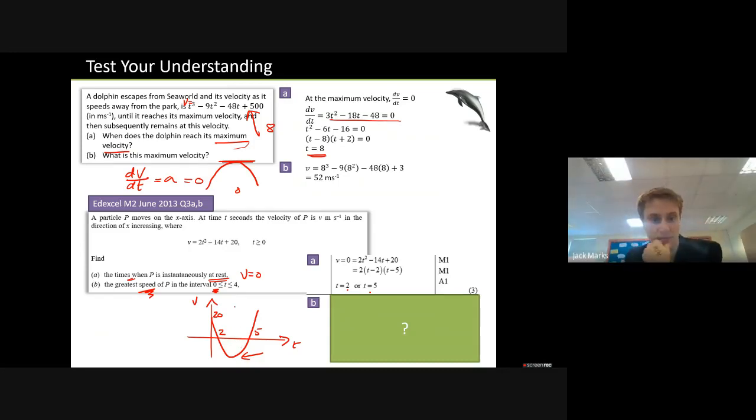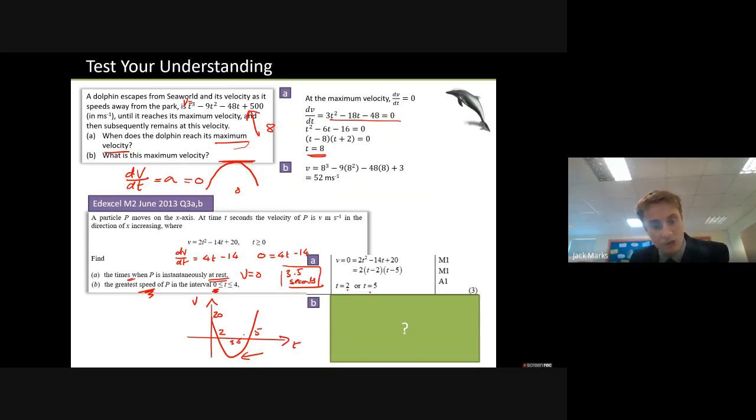So I can use some symmetry to work that out, or again, I could differentiate this thing, which is dv over dt equals 40 minus 14t. I could set it equal to 0, so 0 equals 40 minus 14t. 7, so it's 7 over 2, so it's 3.5 seconds. Okay? That's when this thing is happening, 3.5.